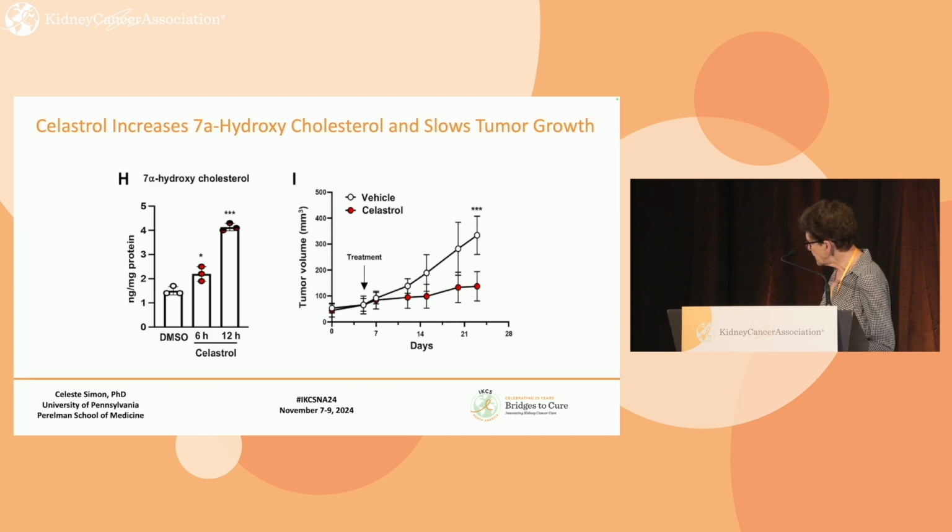Finally, we can show that the cells accumulate the precursor 7-alpha hydroxycholesterol, as we might imagine. And in an in vivo system, a simple flank tumor, we get the tumors to a certain size, we treat them with cholesterol, and they stop growing, mimicking genetic loss of HSD3B7.